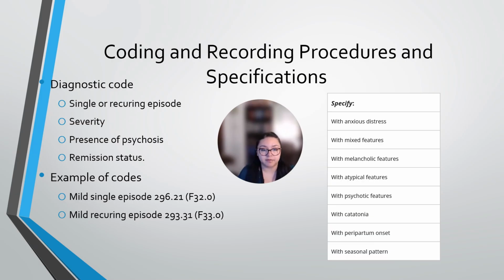Example of codes: this is what this looks like. You don't need to memorize these codes. I personally have them in the chart. They're automated in our charts from when in my job positions that I've seen. So for example, mild single episode, and then it has its according number. Now, some specifiers are on the side. Do you see an anxious distress specification? Do you see mixed features? Is there melancholic features, atypical features, and other examples?